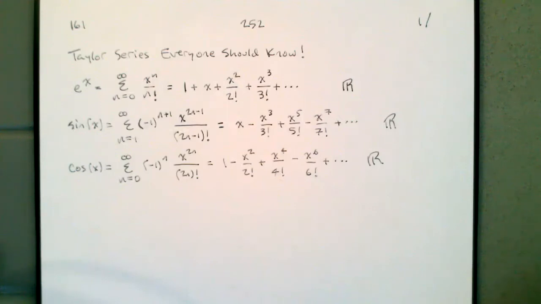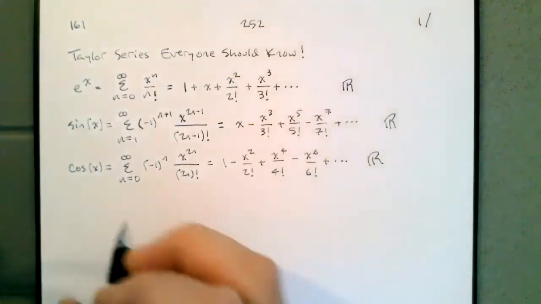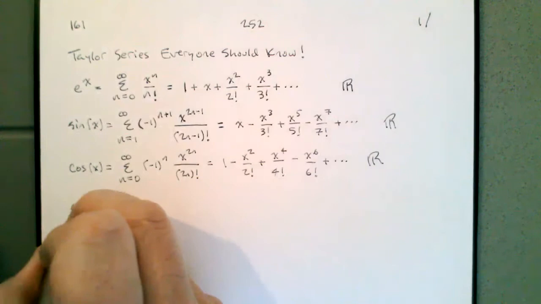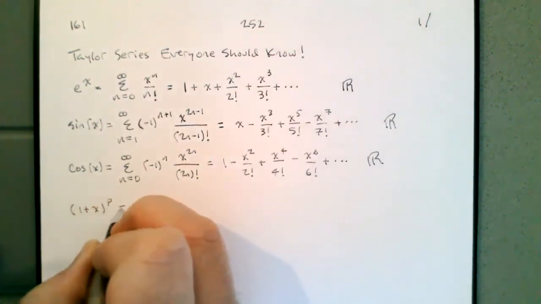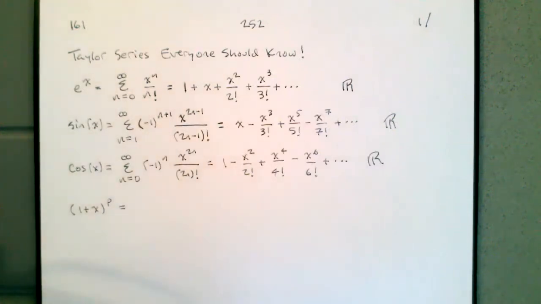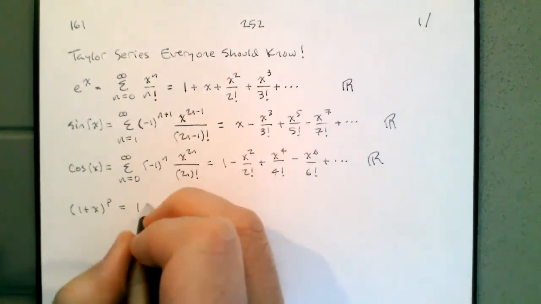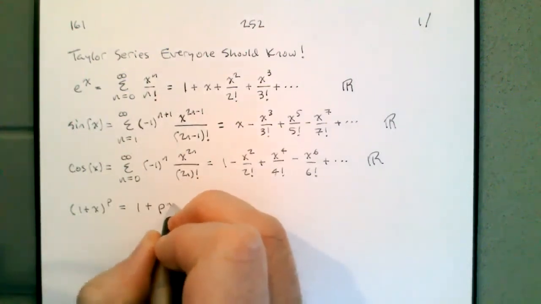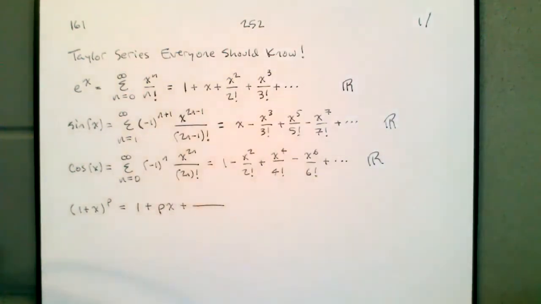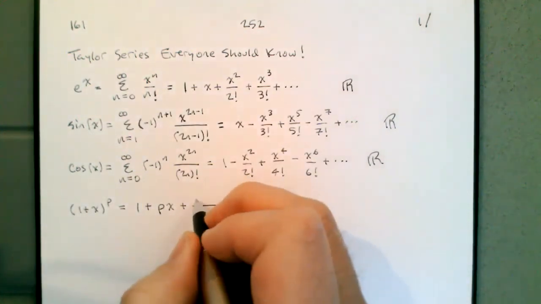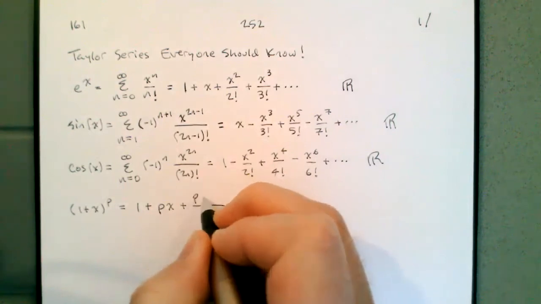And we also talked about the binomial series, which was 1 plus x to the p. We didn't have a nice form for this, but we had a very nice pattern for this. So it starts off with 1 plus p times x. And then we just start writing the first n factors of p factorial, even if p factorial isn't going to be a thing because it's some weird irrational number.